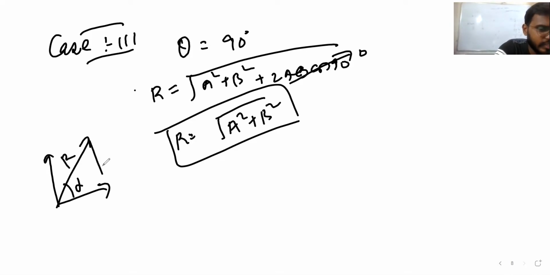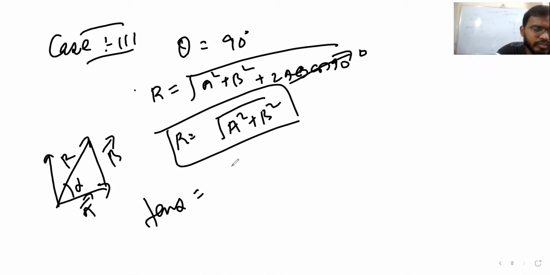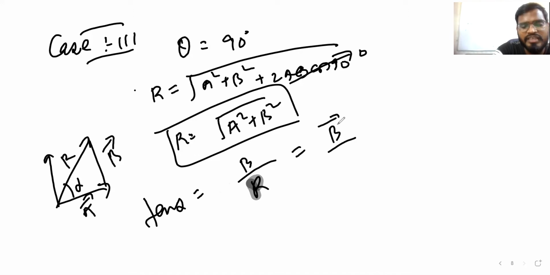This is R, this is A, and this is B. So we can say tan alpha is equal to B by A, or B by R. R is A plus B. Or else first you write R, and then we can say vector B by A plus B. That also you can write, no problem.